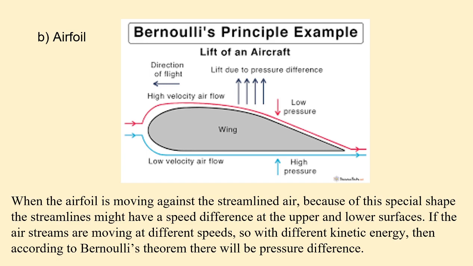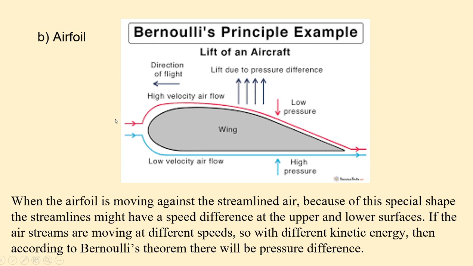So what is the net effect? The net effect is that there is a lifting effect. This lifting force acts from the lower side of the airfoil and tries to float the airfoil while it is in motion.